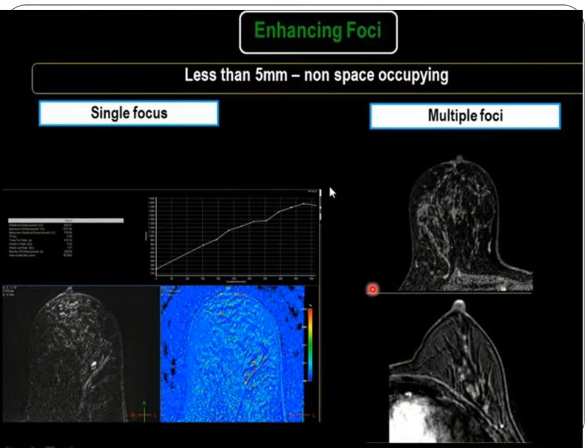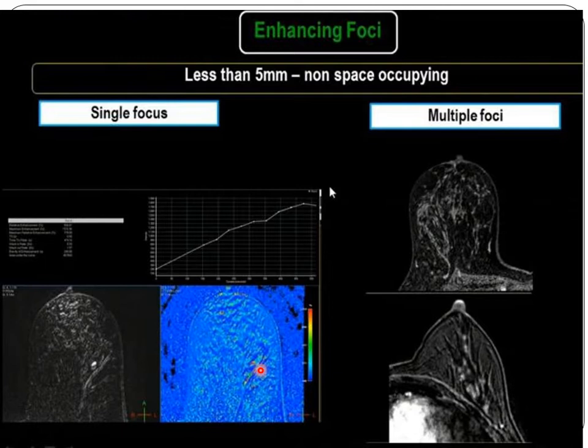If it increases more than 20% of its previous size, it means it is malignant. And if the size is constant, the same, it goes with benign. If you see here, there is a single focal enhancement in this image.